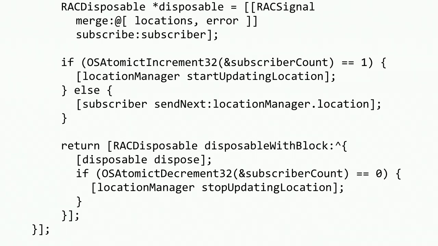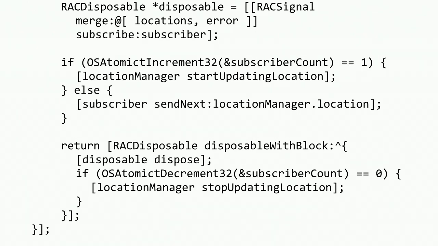When you subscribe, you get a disposable. So we've got a disposable up there, and we're going to use that later in our disposable block. Because you might want to subscribe to this signal in multiple locations, hypothetically, I'm just going to show a way that you can manage in subscriptions side effects that might be starting off work or ending work.